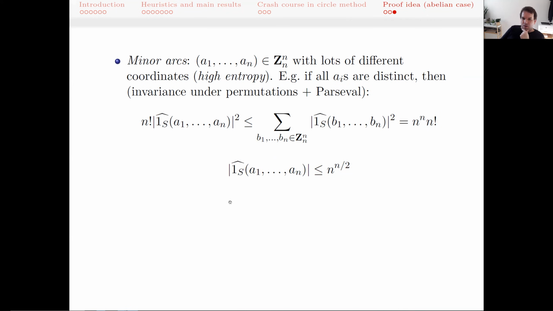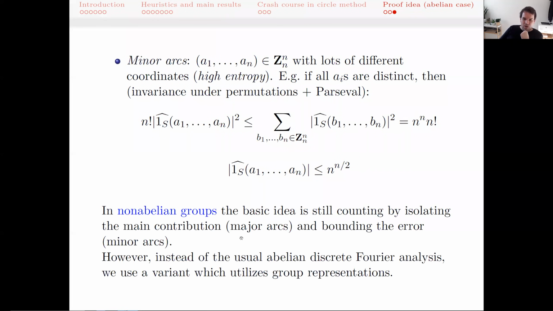Okay, so this was a very rough sketch of what we did in the abelian case, and I would say even less for the non-abelian case. In the non-abelian case, the basic rough idea is the same.